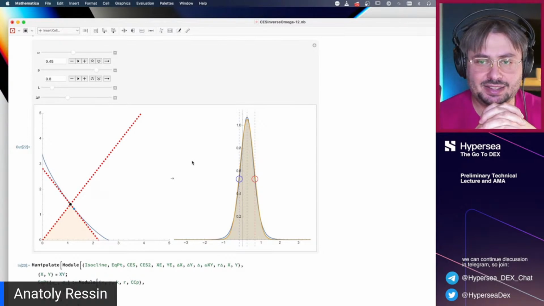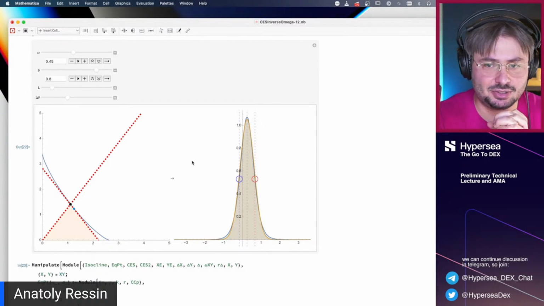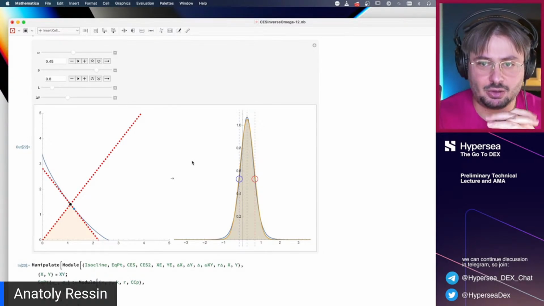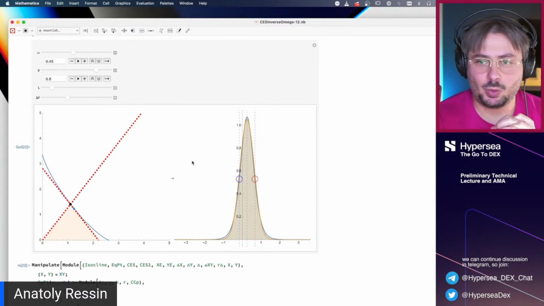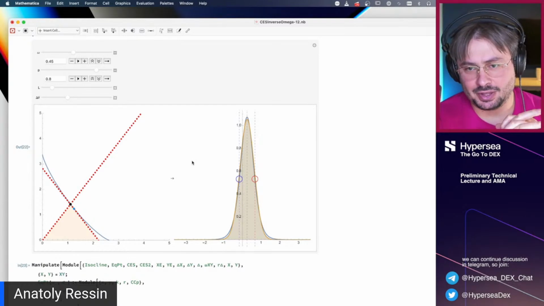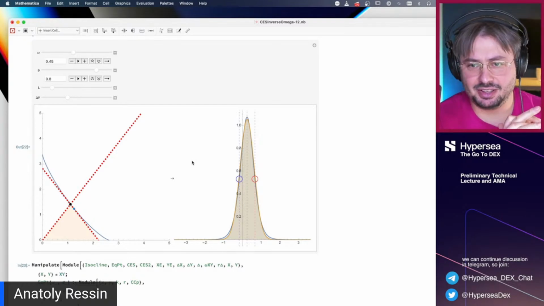It automatically concentrates or deconcentrates the liquidity depending on the situation on the market, because we are constantly measuring the volatility by using time-weighted standard deviation.